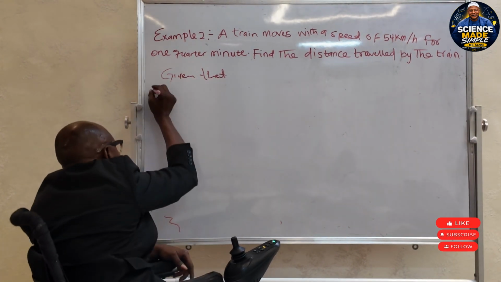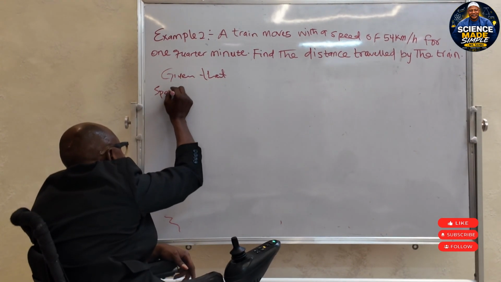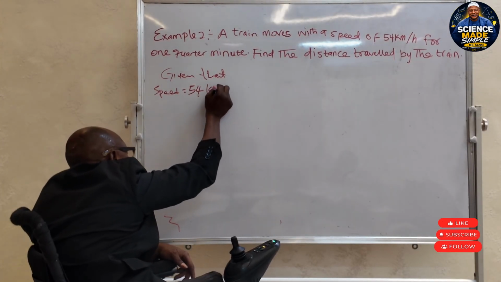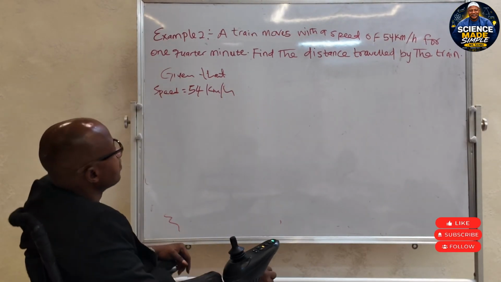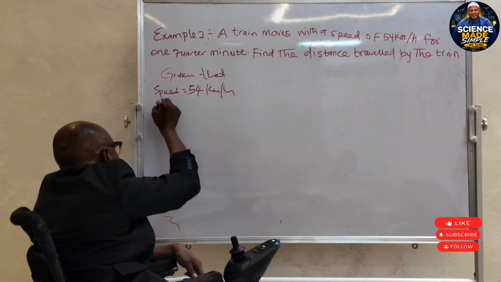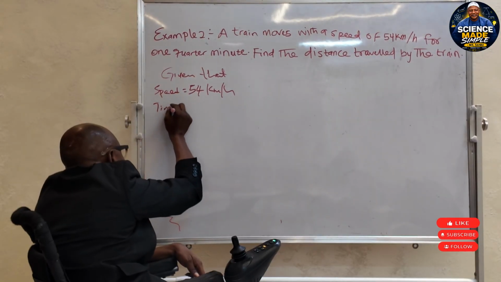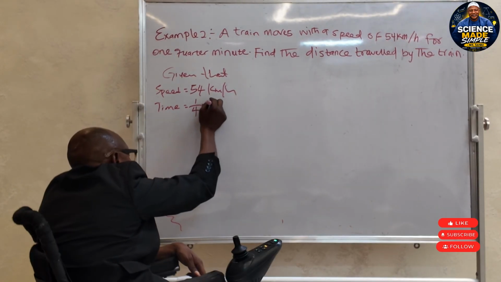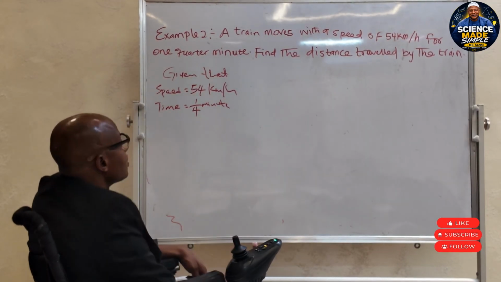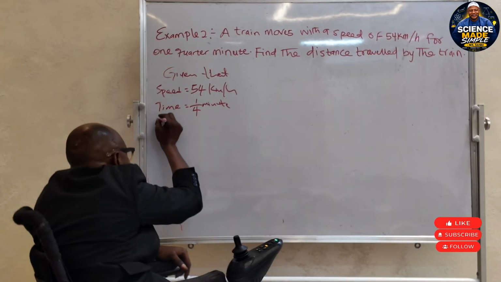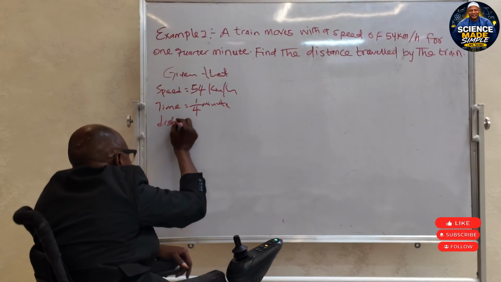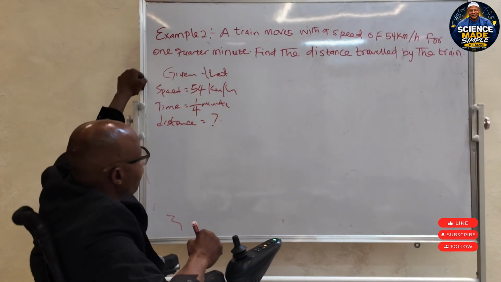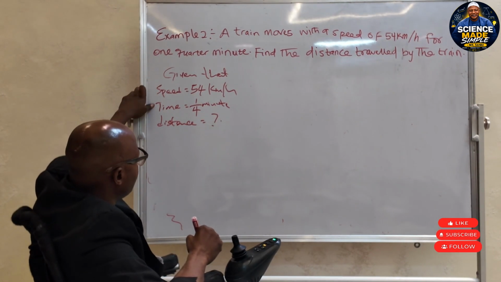We are given our speed to be 54 kilometer per hour. Our time is 1/4 minute. Find the distance traveled by the train. Distance is what we are looking for, question mark. These are the information supplied by the question.